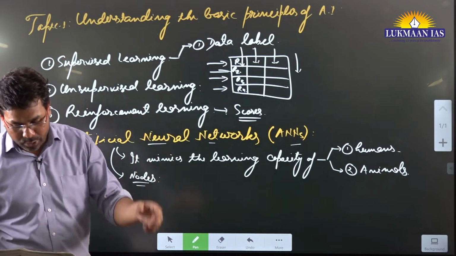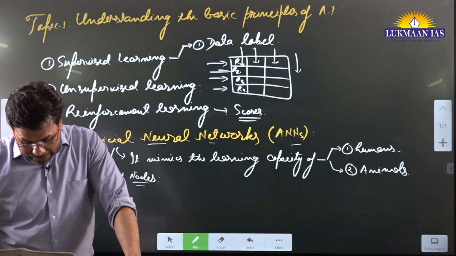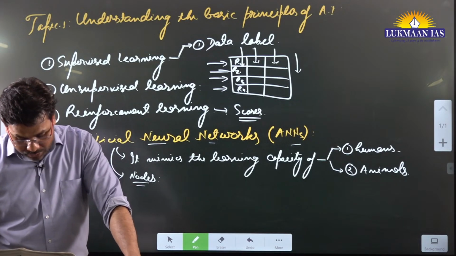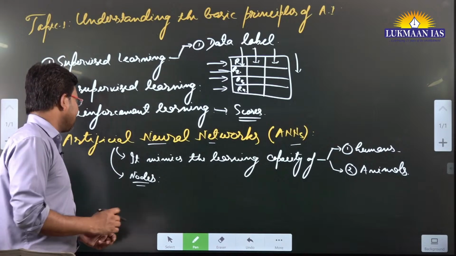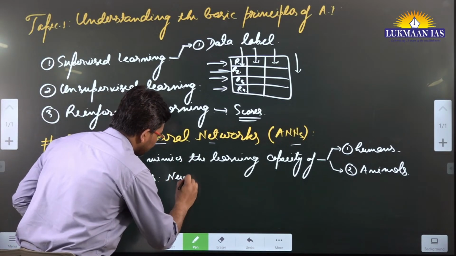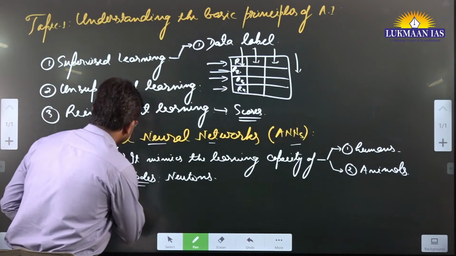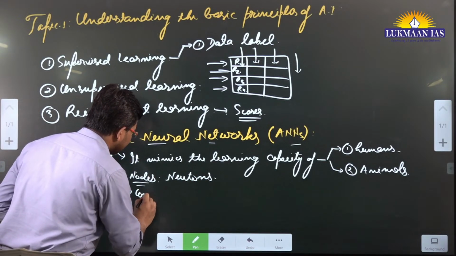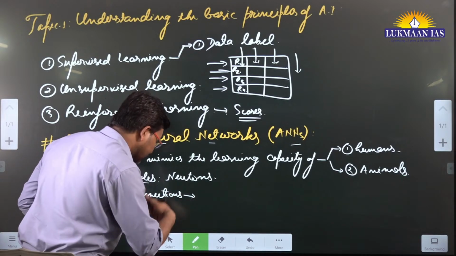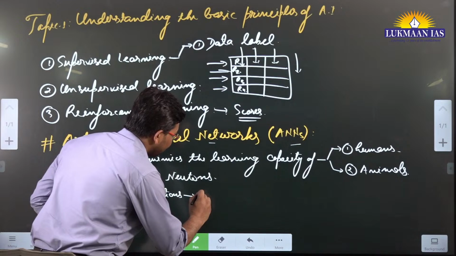Nodes mimic the neurons, and the connections between nodes mimic synapses. So nodes represent neurons in the human brain, and the connections between the nodes mimic synapses.